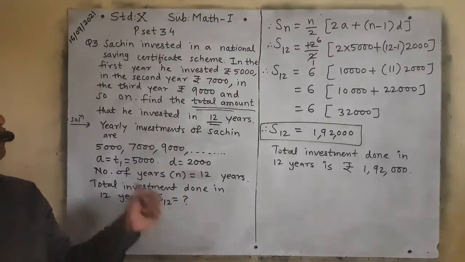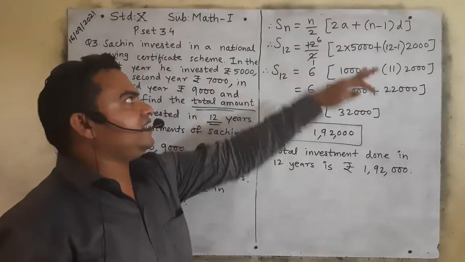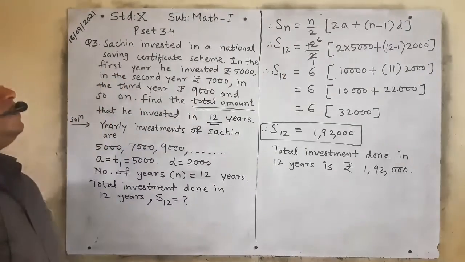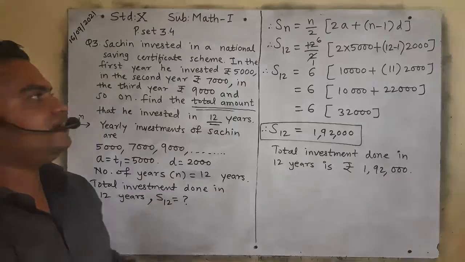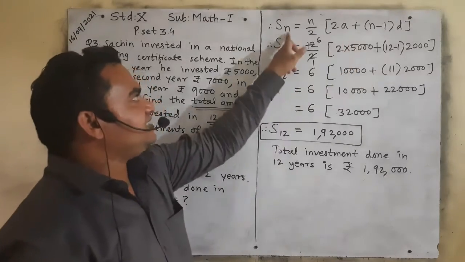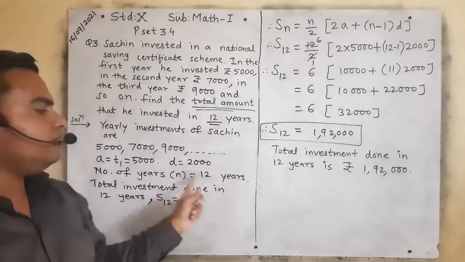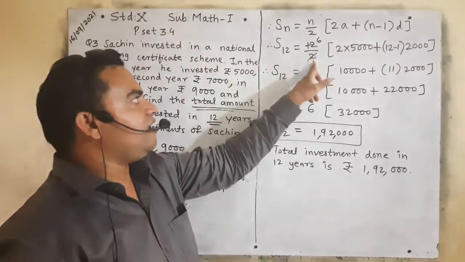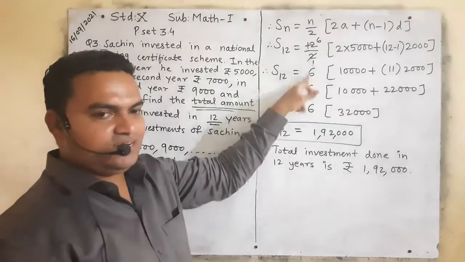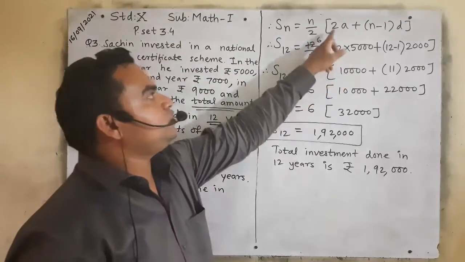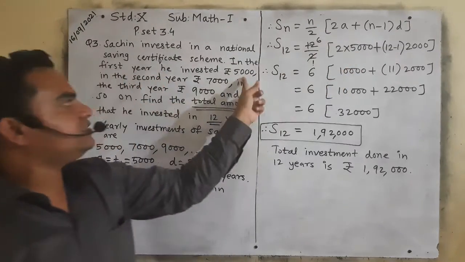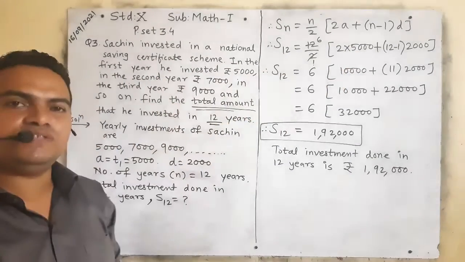So the Sn formula: Sn is equal to n upon 2 bracket 2a plus n minus 1 into d. So n value is 12, total number of years 12. 12 half, 12 ka half is 6. Is it clear? 2 sixes are 12. 2 as it is. A is the first investment, that is 5,000 rupees.